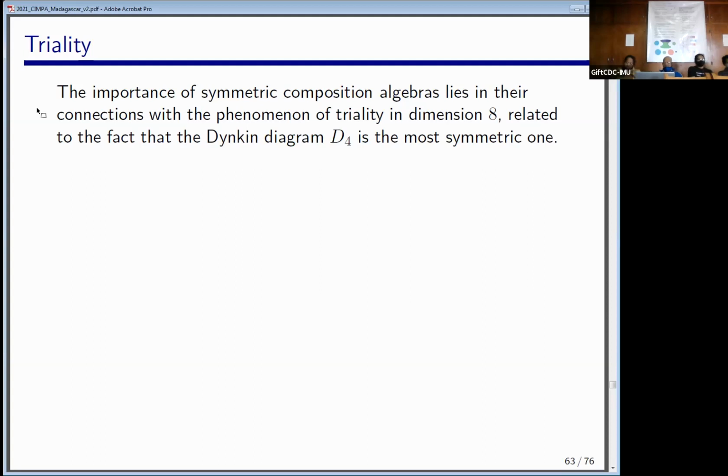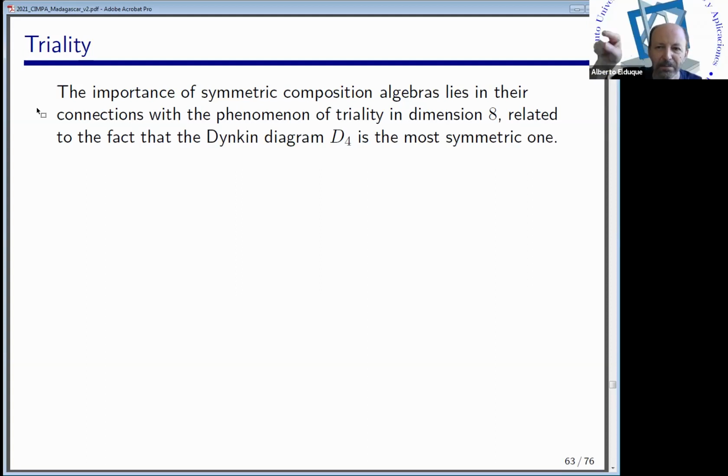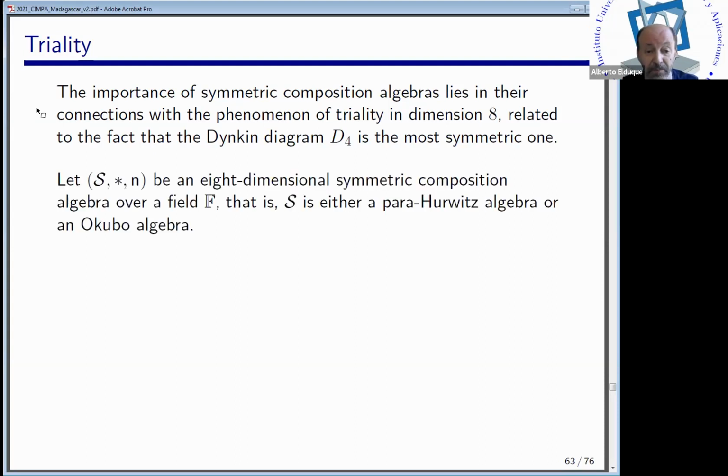So only for D4 we have extra symmetries. In particular, we have a cyclic symmetry that permutes the outer vertices of the diagram. So triality is related to this extra symmetry that appears in dimension 8, related to D4, I mean related to quadratic forms in dimension 8.